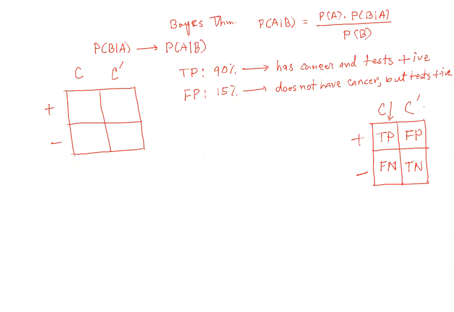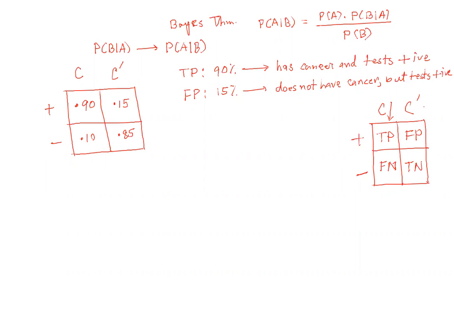Yes. Okay. So this is going to be, as they tell you in the problem, 90% or 0.90. And they tell you this is going to be 15%, the false positive. And this is going to be false negative, or 10%. And this is going to be true negative, which is 100 minus 15, 85%.